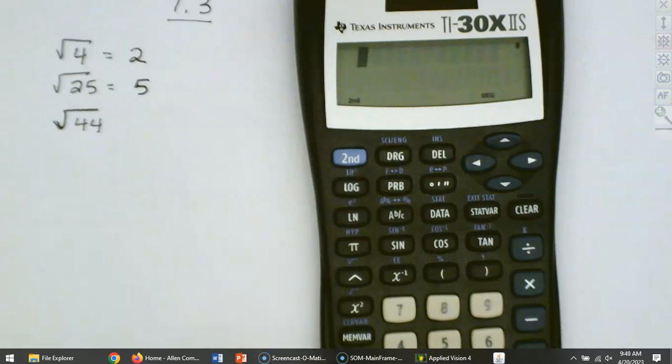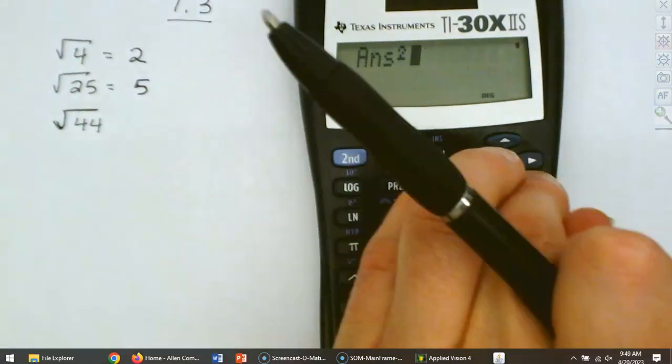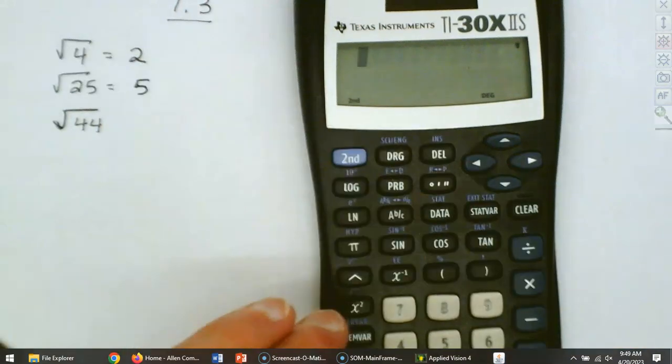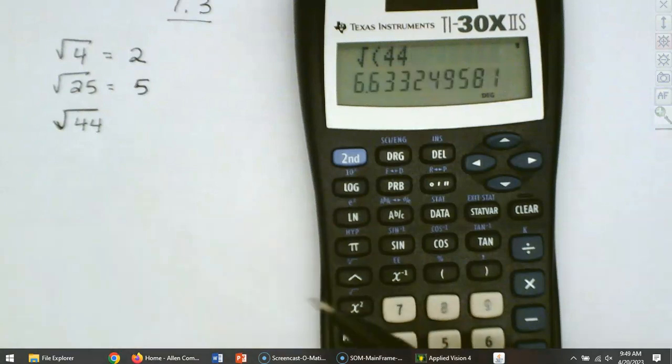Mine happens to be in blue, so you type second, square root, and then 44. Now, that comes out to be a decimal. And we don't want decimals. What we need to do is break down that square root if possible, so we don't use decimals at all. We always want the exact root.